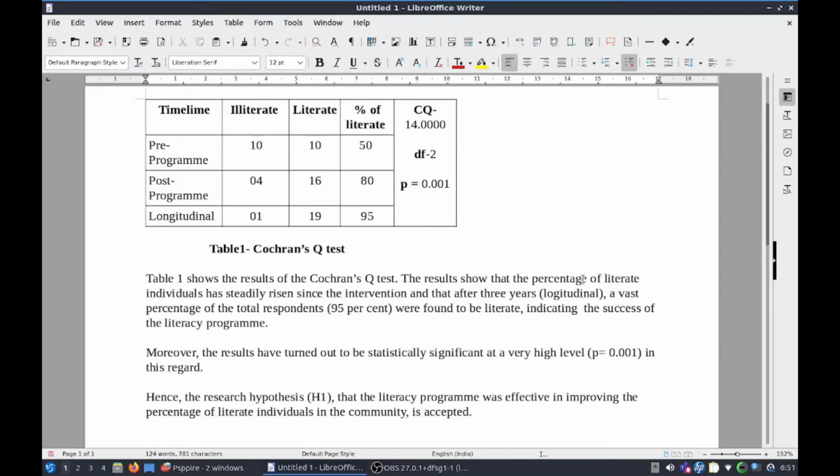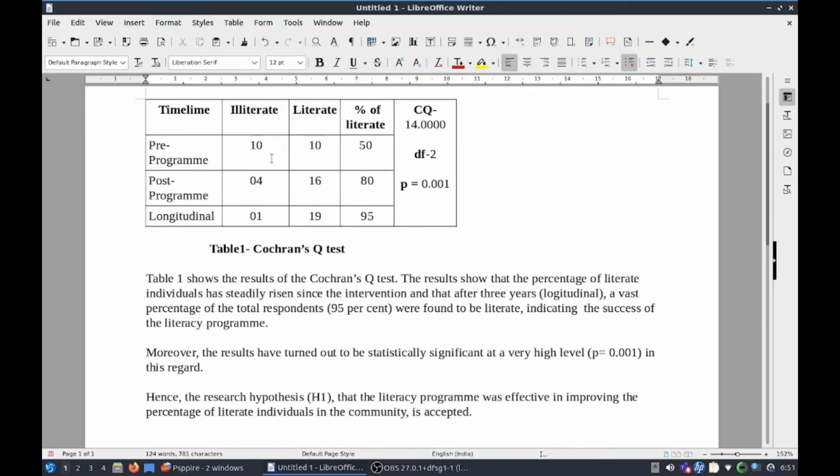The results show that the percentage of literate individuals has steadily risen since the intervention, and that after 3 years, that is the longitudinal measure, a vast percentage of the total respondents, about 95%, were found to be literate, indicating the success of the literacy program. Moreover, the results have turned out to be statistically significant at a very high level. You can just look at the results and make up your own mind.